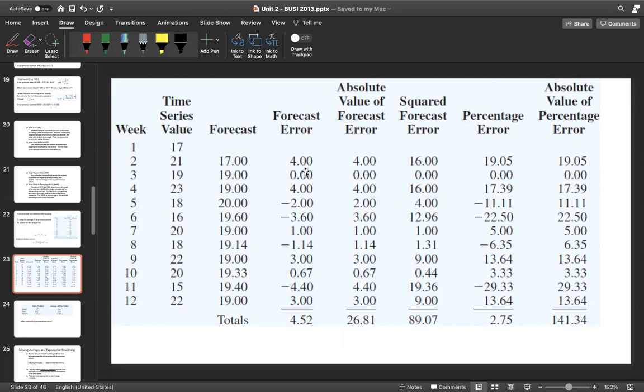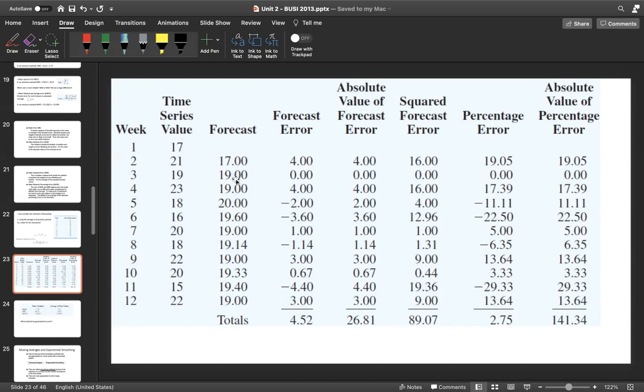If you can find my Excel file, which I have posted already on the portal, you can download it and just change this column in here. Just copy this 17, and for this cell in here, use the formula of the average of these.